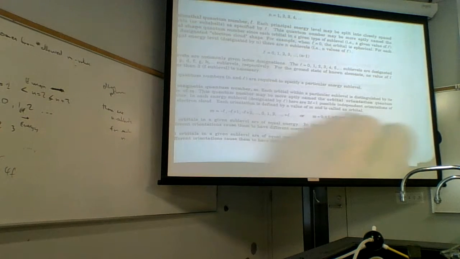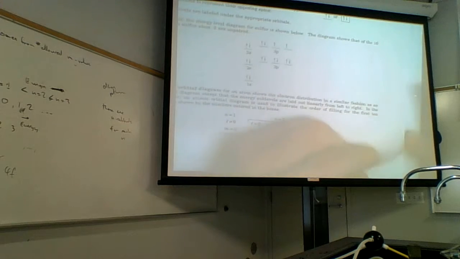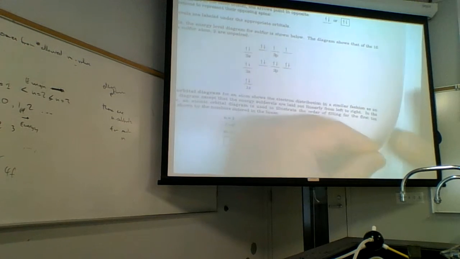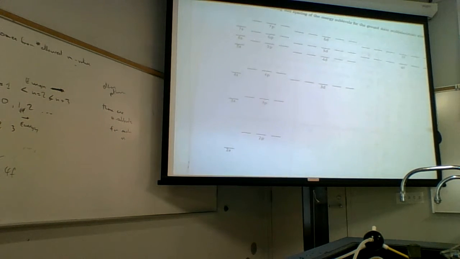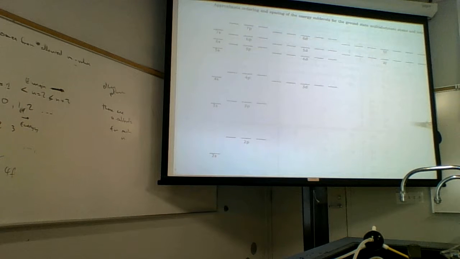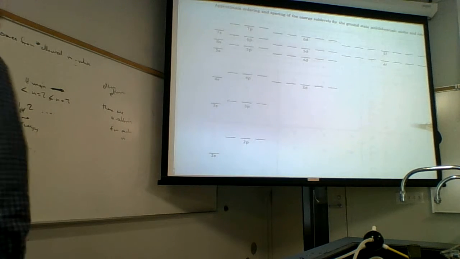And so what does this generate? This generates a map, and the map is called the orbital energy level diagram. This is a map showing all the allowed states, the allowed energies for the electron, the shapes.